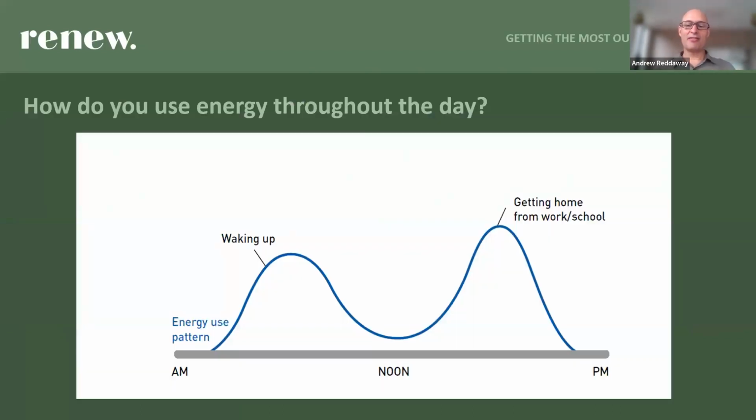Okay, so here's a very generic chart for a household, and this is averaged out over a whole year. If you look at a single day of data, which I unfortunately do too often, it's not a nice curve like this. It's actually spikes as people turn on appliances and turn them off again, right?